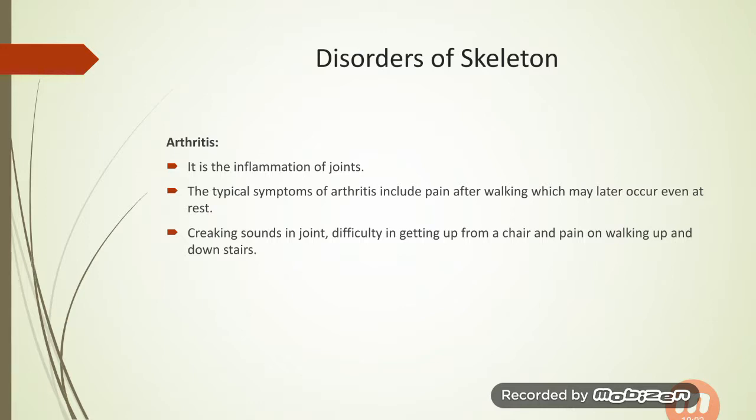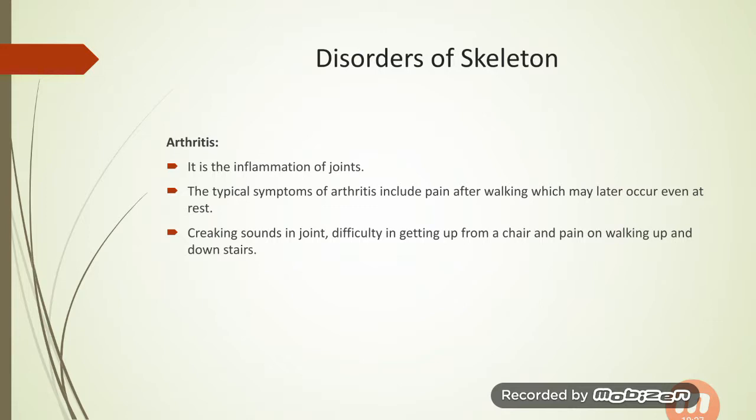In arthritis, basically the synovial fluid is removed. The acute form of arthritis usually results from some bacterial infection or invasion of the bacteria, so it will be treated with antibiotics.